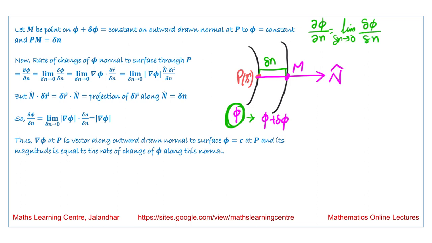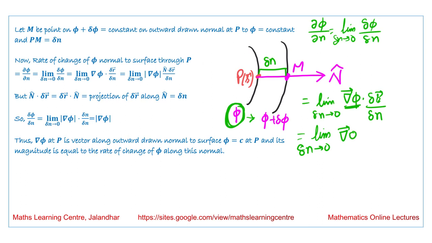We can write this as limit delta n tends to 0 of gradient of phi dot delta r vector upon delta n. What is gradient of phi? Its magnitude into the normal vector n cap, dot delta r vector, divided by delta n.